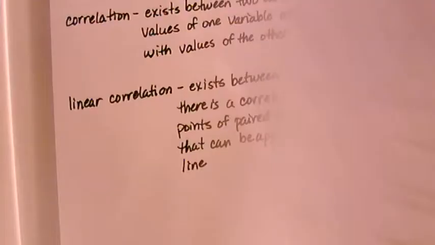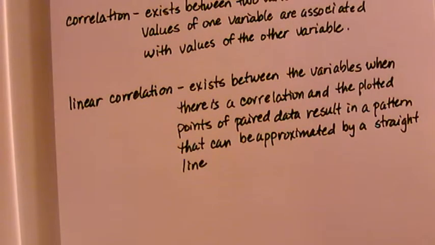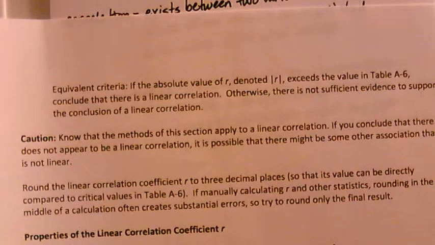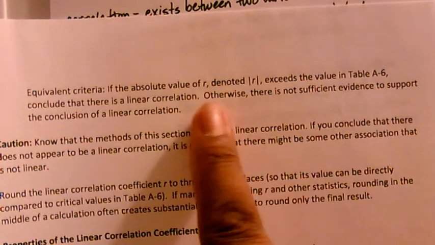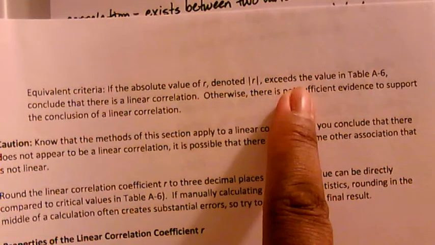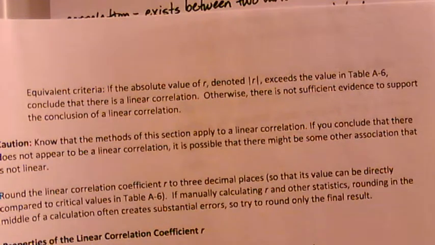Now, with that, there is an equivalent criterion. And that's this. If the absolute value of R, which is this notation right here, exceeds the value in that Pearson correlation coefficient table, which is table A-6, you can conclude that there is a linear correlation.